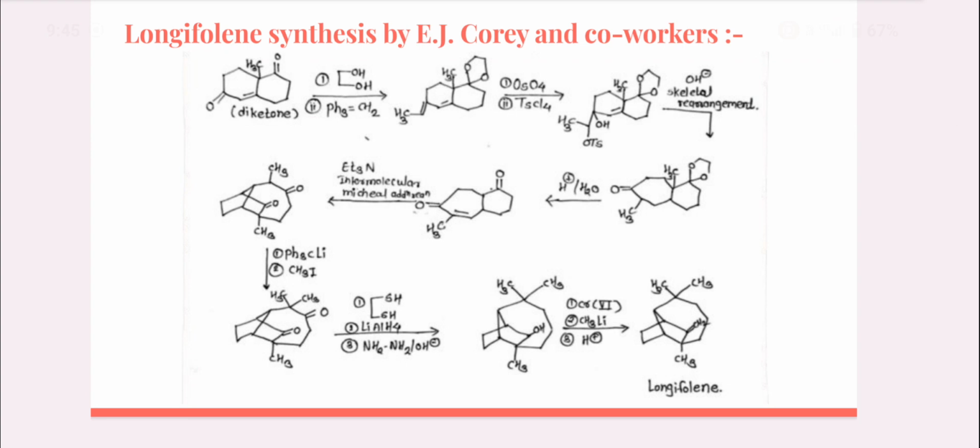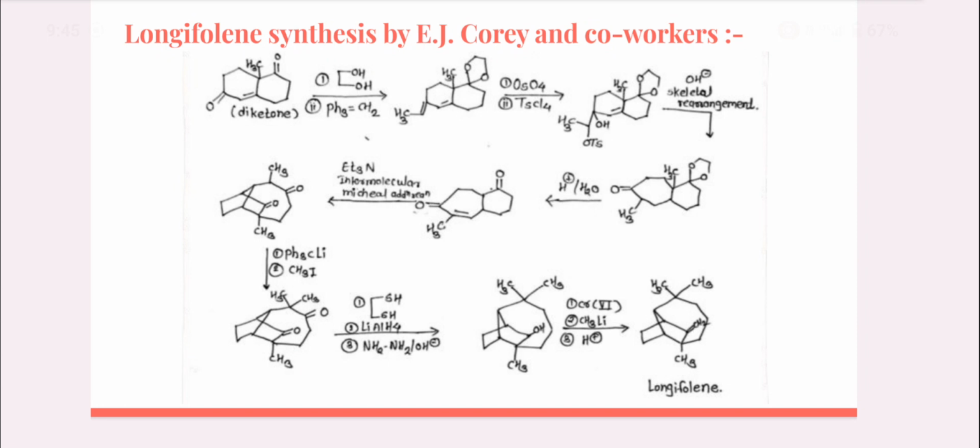The next structure, fifth, is very interesting. In the presence of triethylamine at a high temperature, intramolecular Michael addition takes place. So in the presence of base, in this Michael addition reaction, the carbonyl group reacts with the alpha beta unsaturated carbonyl group. So the next structure formed is the product, structure number 6.